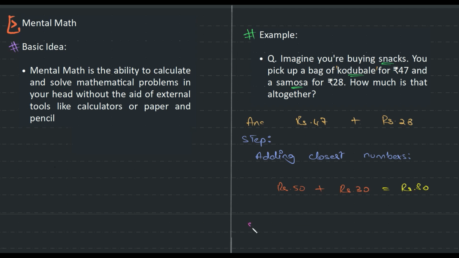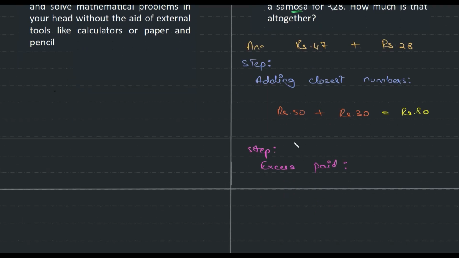But I will, of course, in my head realize that I have paid excess. That excess, how much I have paid more, would be rupees 3 plus rupees 2, which is rupees 5.